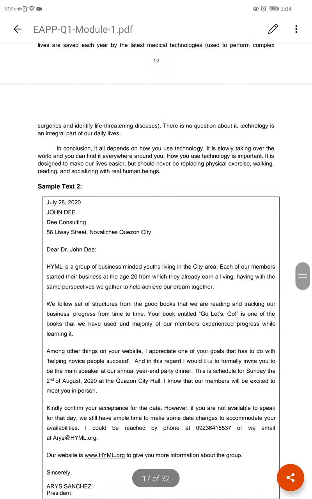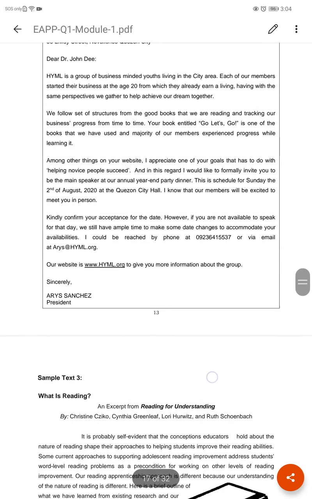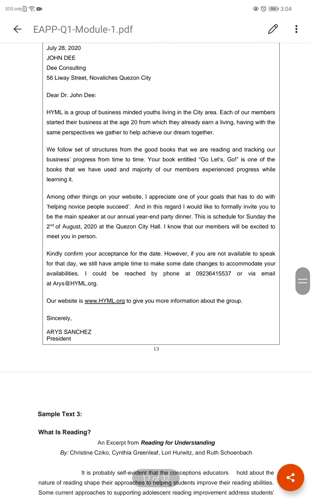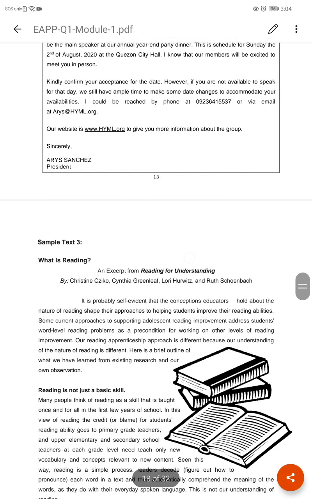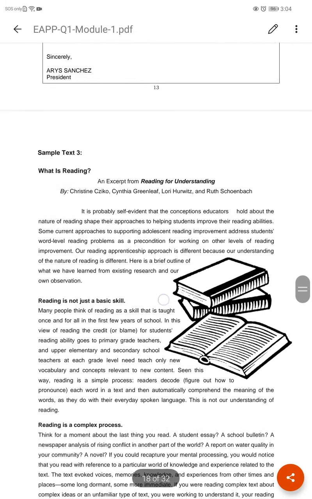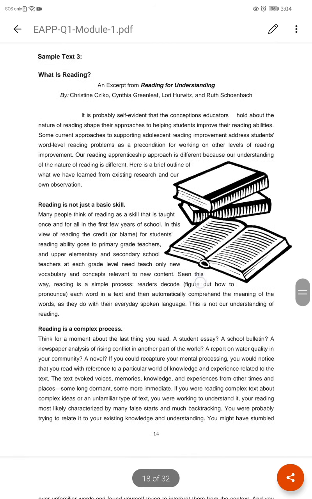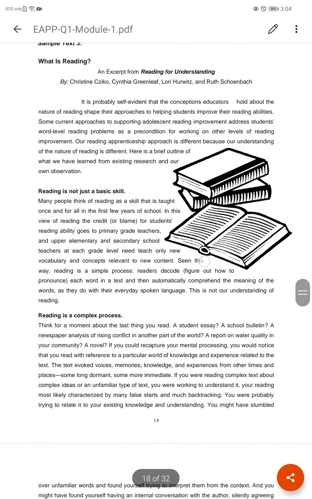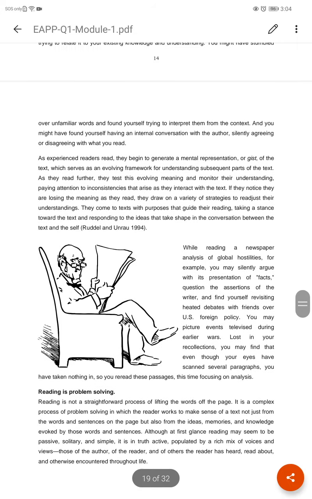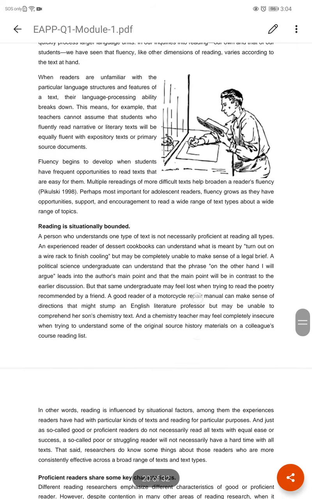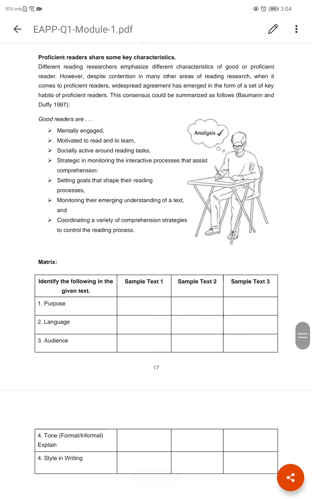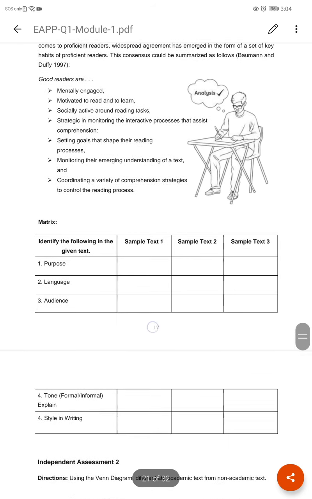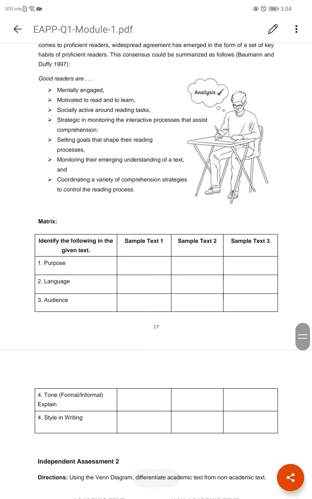And then sample text 2, then read the whole essay. And then we have another here, sample text 3. I thought it was only 2, but there are 3 sample texts. Read this whole text. So after reading the 3 sample texts, proceed to this matrix, this table, and then identify these features of language.